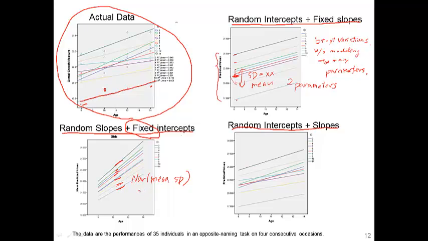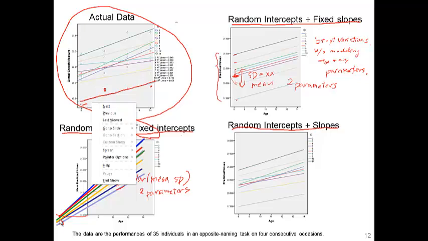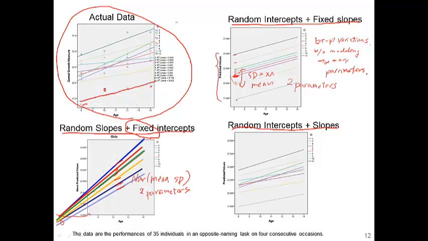So this again spends two parameters. And since it's a fixed intercept, we allow only one intercept. If you extrapolate this to 0, you will see all these slopes share the same intercept. I probably have to extend this even further so that you can see these all converge to one point where the age is 0.